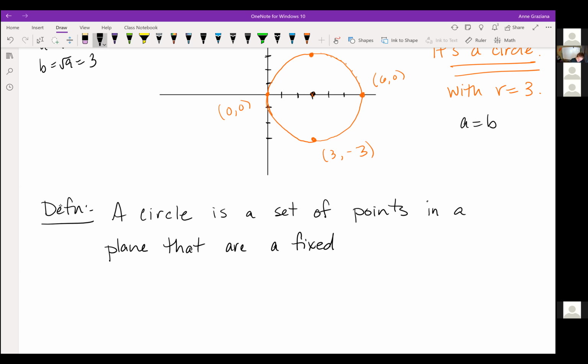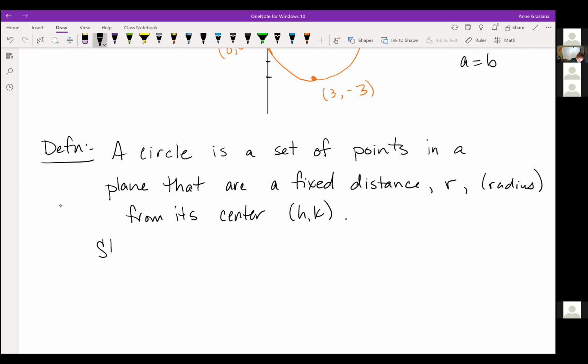Yes, that's right. A square is a type of rectangle, but a rectangle isn't necessarily a square. A square is a special form of a rectangle. A circle is a special form of an ellipse. That's a good association. In a plane that are a fixed distance, r, which we call radius, from its center, h comma k.